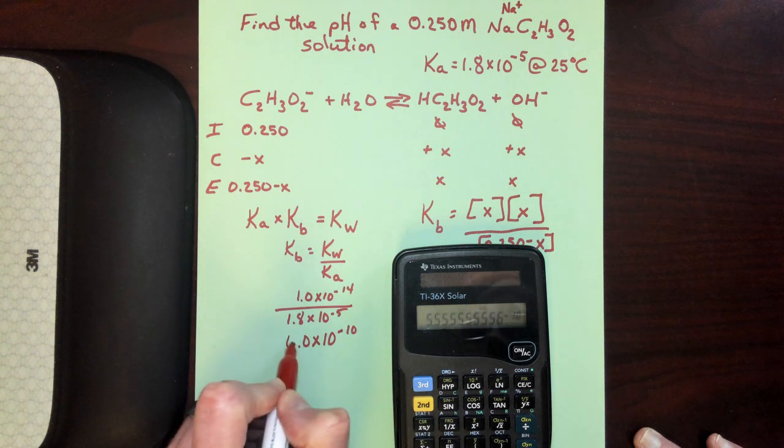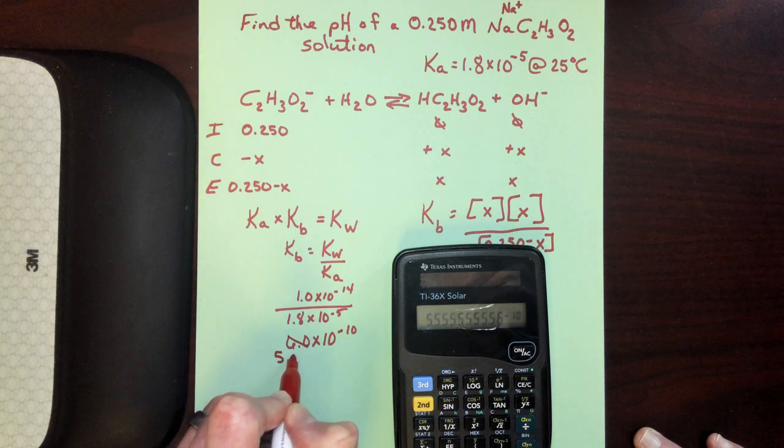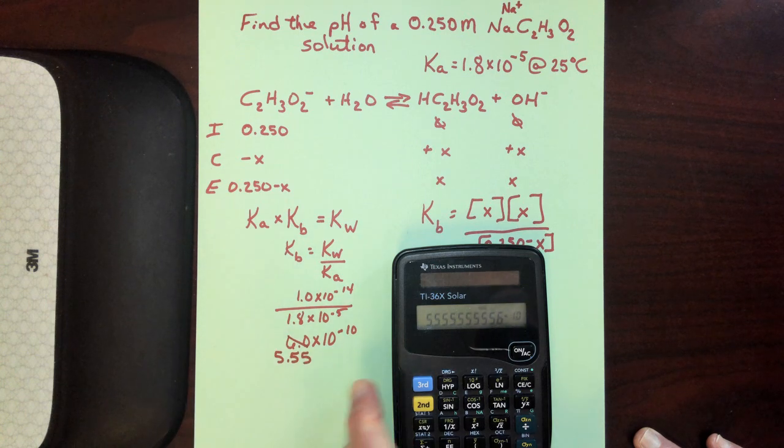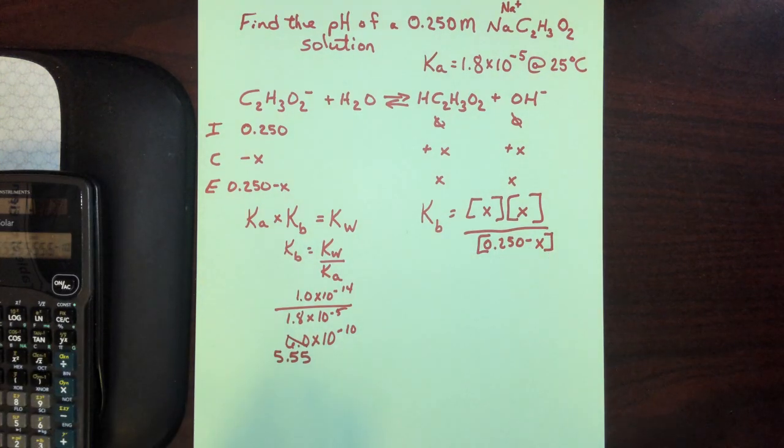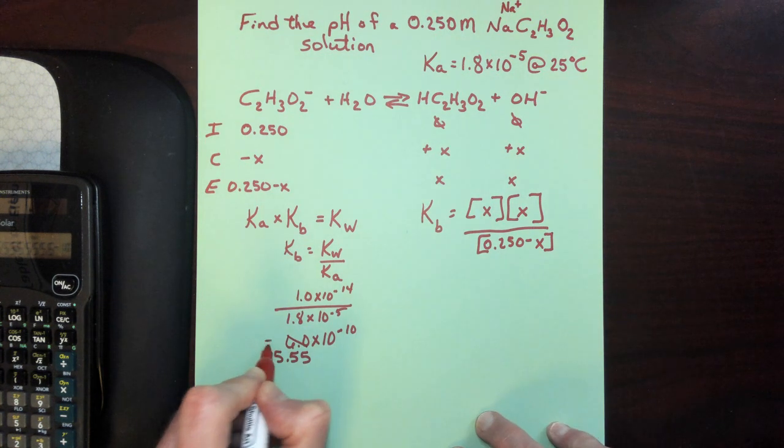Oh, it rounded a little bit. I don't want it to round. There we go. 5.55 times 10 to the negative 10 is our Kb.